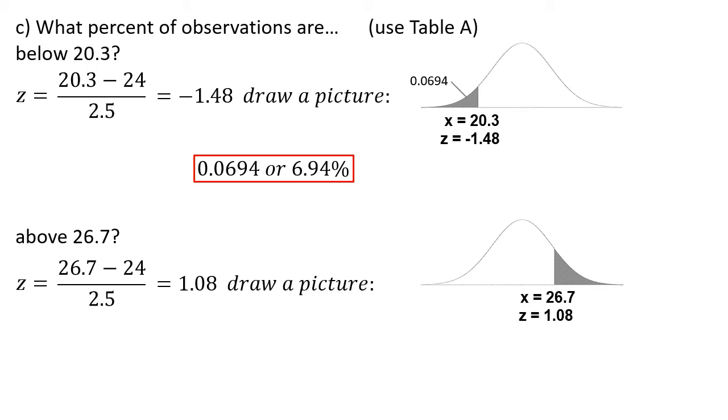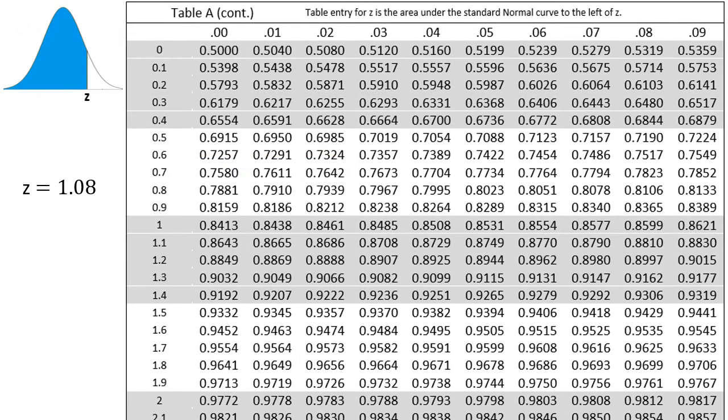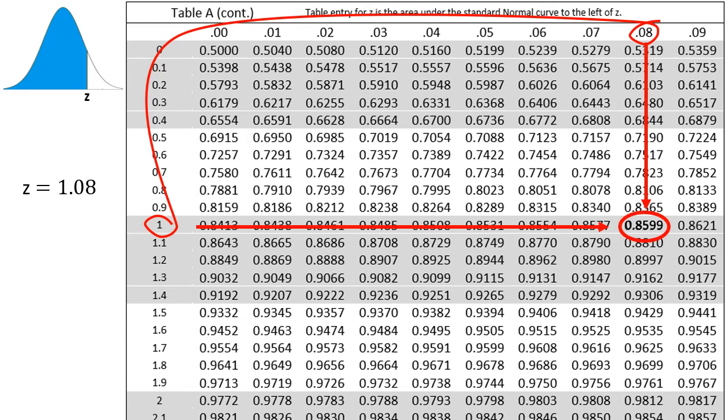So let's go to our z-score table and look at 1.08. So 1.08 is here and here, and I see the intersection of that column and that row. That means the area to the left of that z-score is 85.99%, or 0.8599.